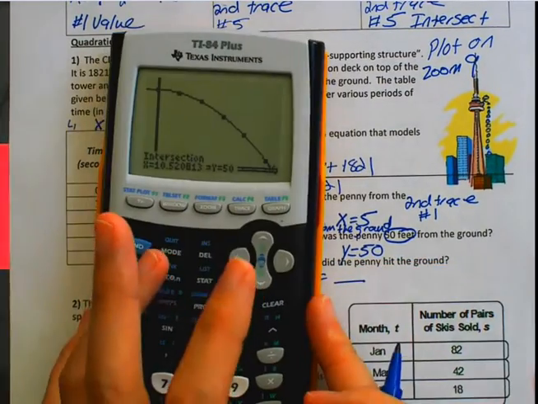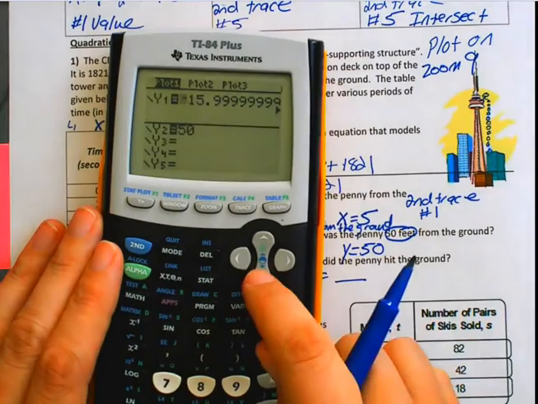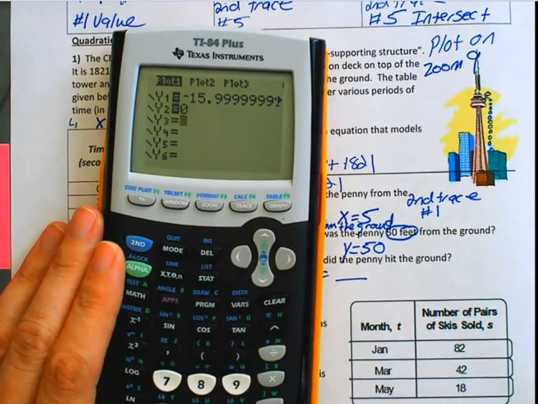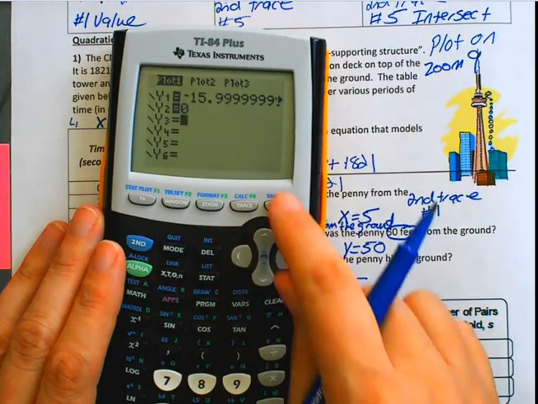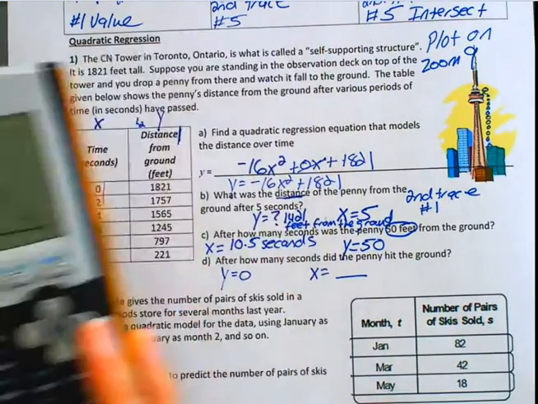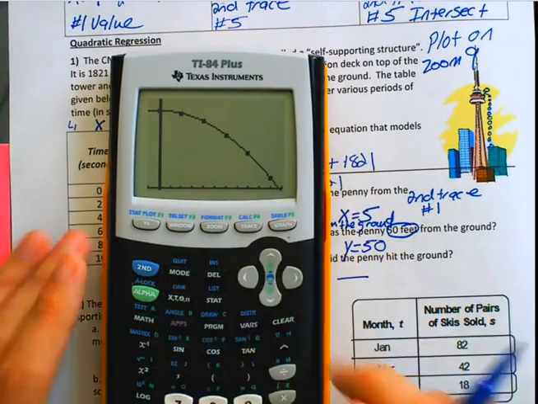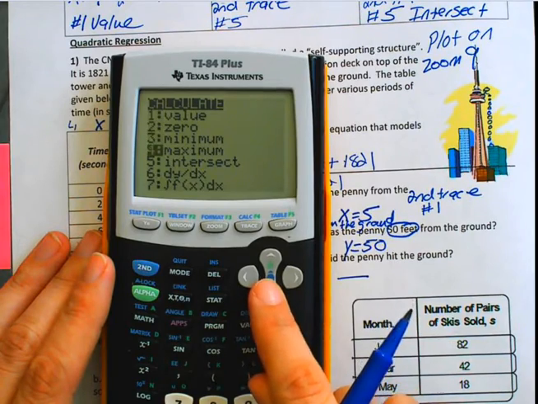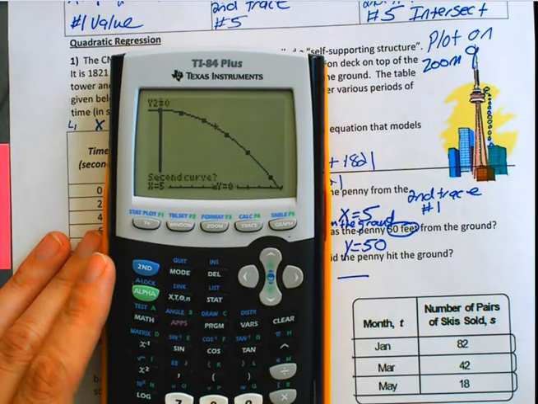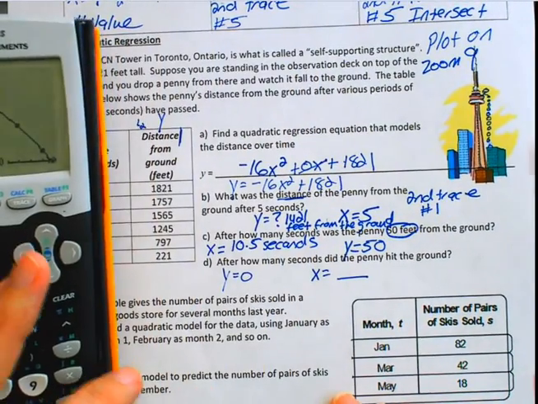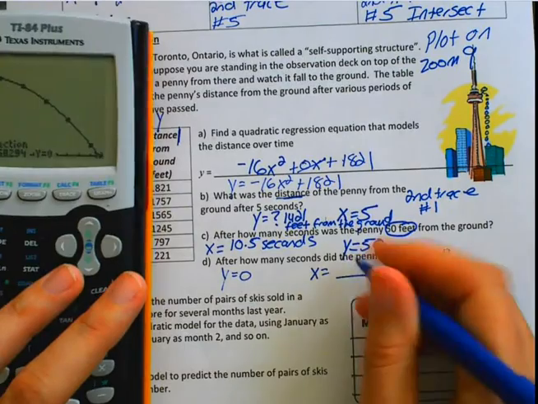So we're going to go back into our y equals, and instead of 50, we're going to put 0. And then we're going to go back to the graph, and where y equals 0, that's going to be the x-axis there. So then we can go second calc, or trace, and then intersection, which is number 5, enter, enter, enter. And that's going to be after 10.67 seconds.